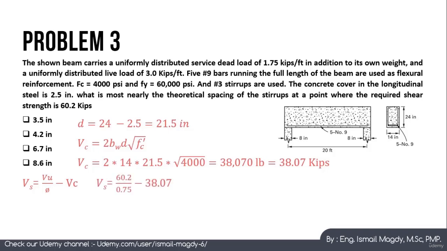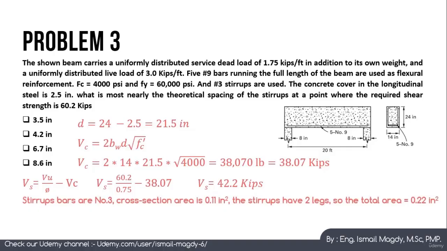We know that Vu equals 60.2, as mentioned in the problem. We know that phi for shear equals 0.75, and we now have Vc, which is 38.07. This means that Vs, which is the required shear strength for the stirrups, equals 42.2 kips.